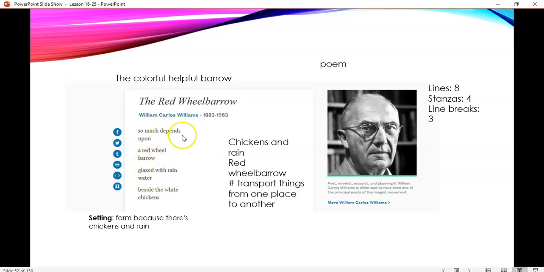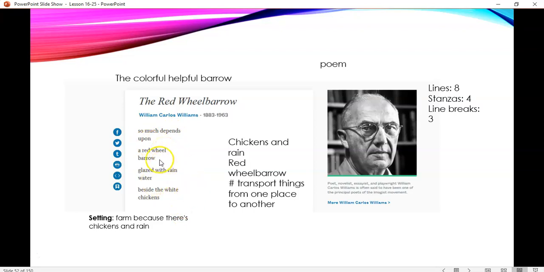Rain and depends. Do they rhyme? No, they do not. Rain and upon? No. Rain and wheel? No. Rain and barrow? And rain and water? No, they don't rhyme. Let's look at the last 2 lines. White and depends. No. White and upon? No. White and wheel?